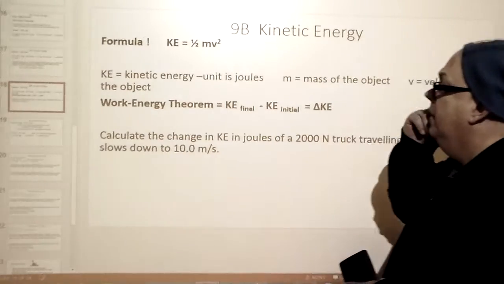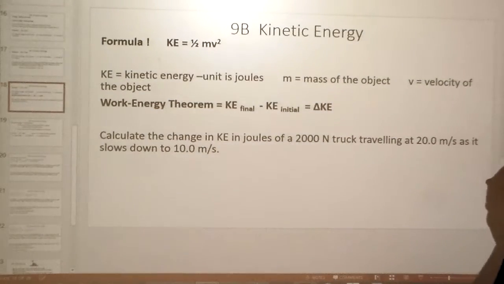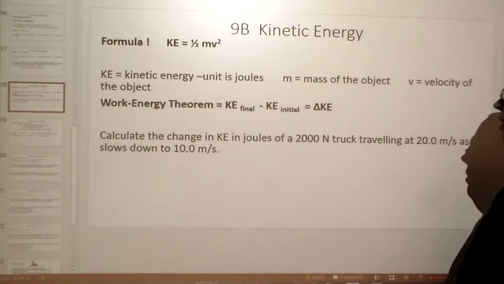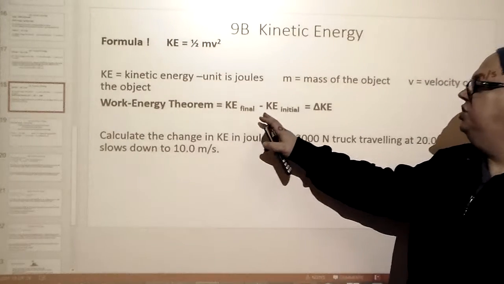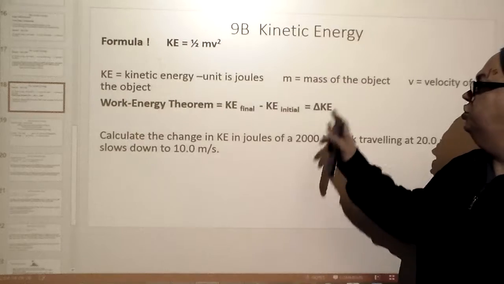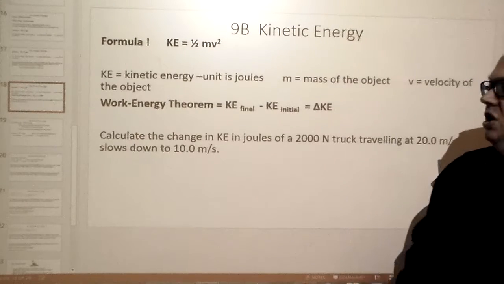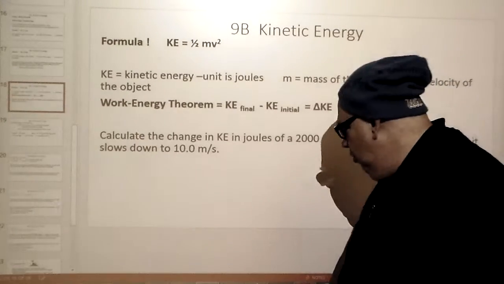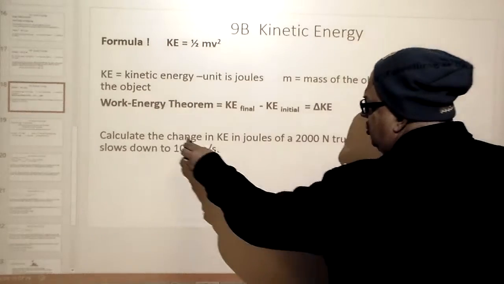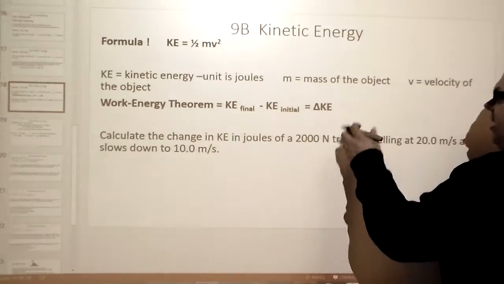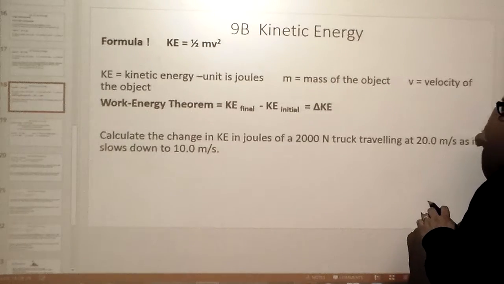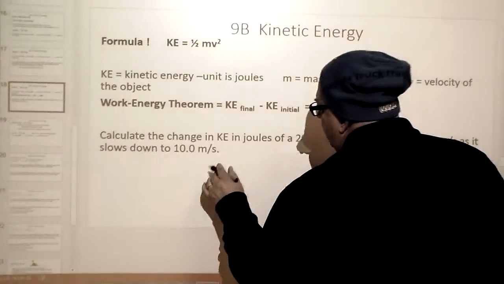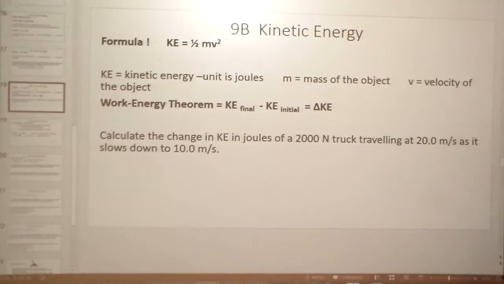Let's move on here. We do have something called the work energy theorem. And the idea is we have final kinetic energy minus the initial kinetic energy. So we look at the change in kinetic energy. So what we're going to do, we're going to calculate the change in kinetic energy in joules of a 2,000 Newton truck traveling at 20 meters per second as it slows down to 10 meters per second.